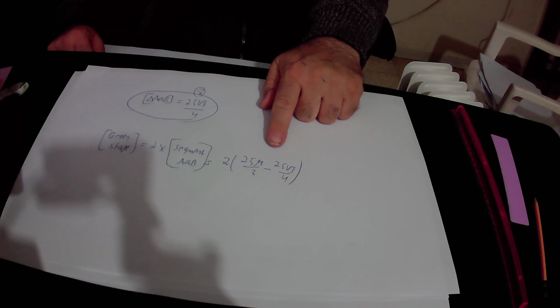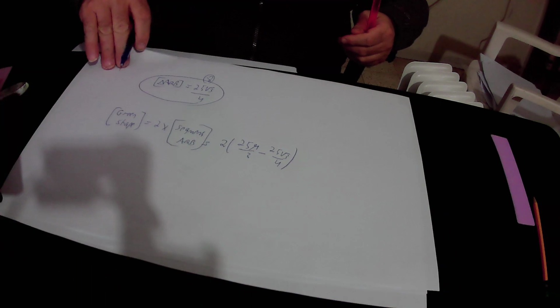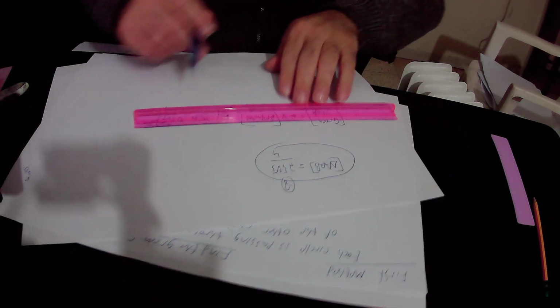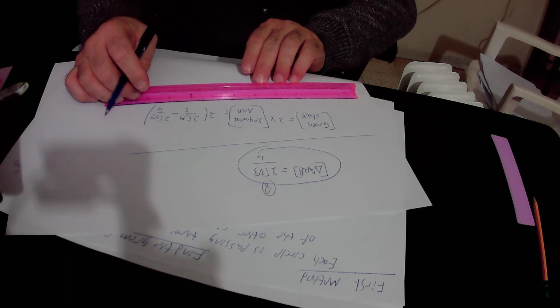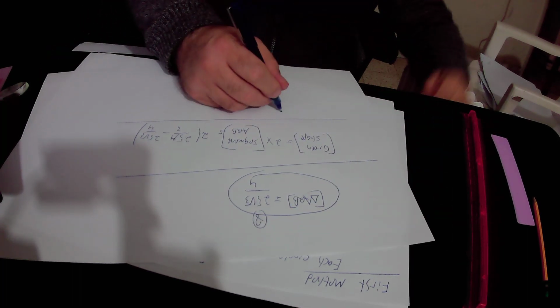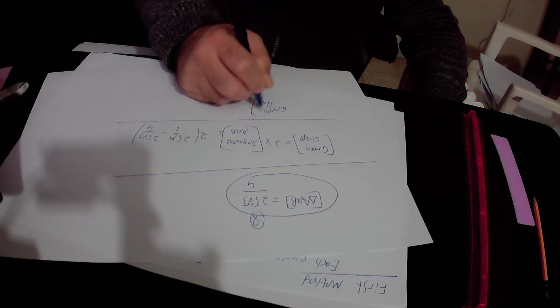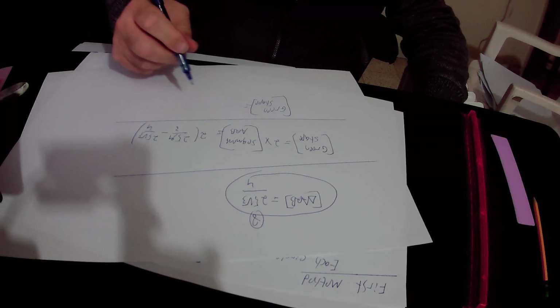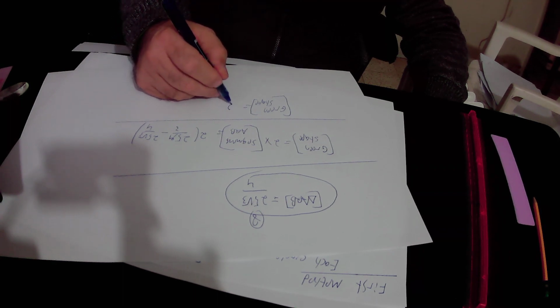Here we take out 25 as a common factor of those two expressions, and we get that the area of the green shape equals 2 times 25.